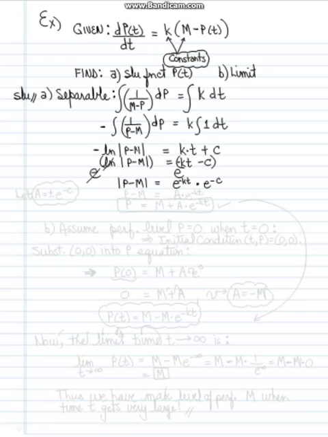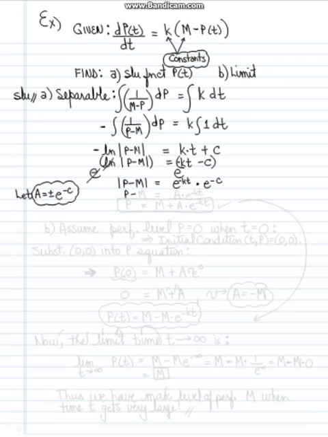Okay. Now, I want to get rid of the absolute value, and I can do that by a trick that we learned in class. I'm going to say, let this new constant I'm introducing, A, equal plus or minus e to the negative C. Because I said plus or minus, it's going to not only replace e to the negative C, it'll get rid of the absolute value bars.